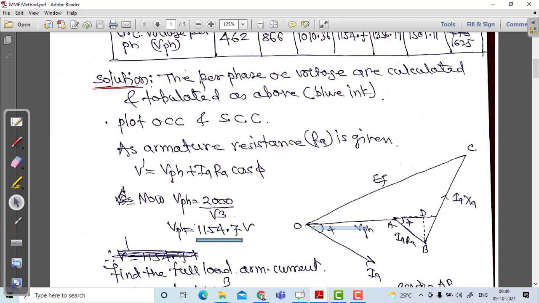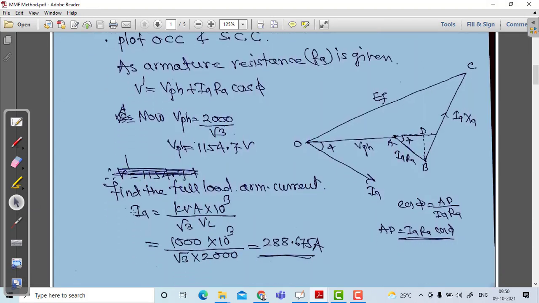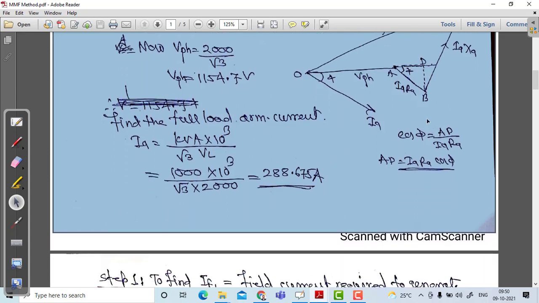Here, OA is the Vph, then the current is drawn lagging the voltage by an angle phi, then I Ra is drawn parallel to the current phasor, then draw the vertical from B to D. We have to measure AD, and this AD is nothing but, just pay attention, cos phi equals AD upon I Ra, and therefore AD equals I Ra cos phi, and therefore the formula becomes V dash equals Vph plus I Ra cos phi.